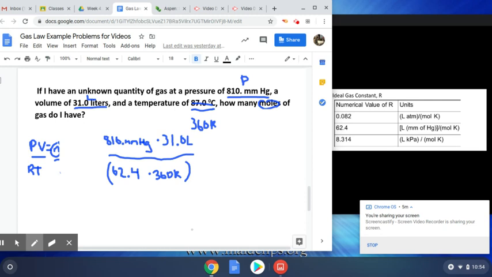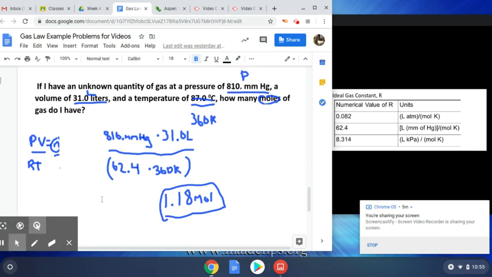So you should get 1.18 moles. And that's it.